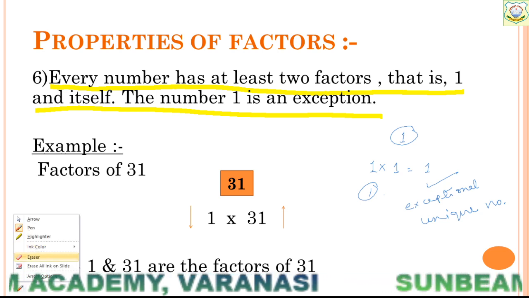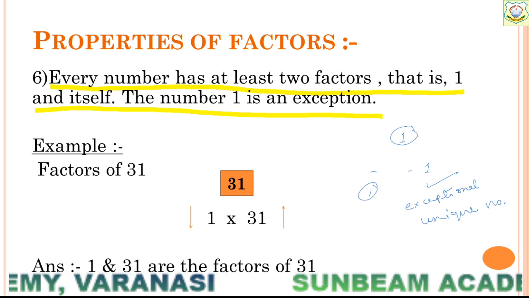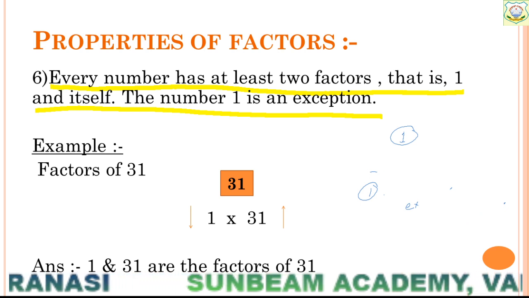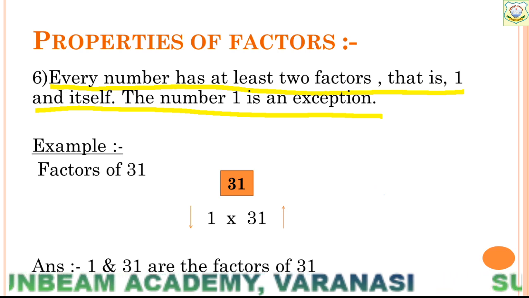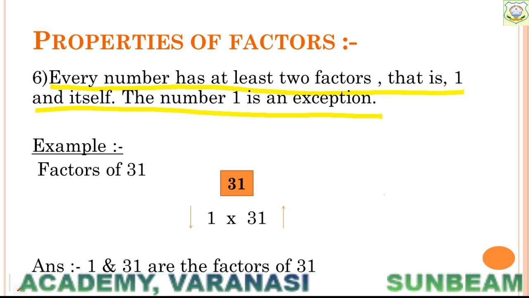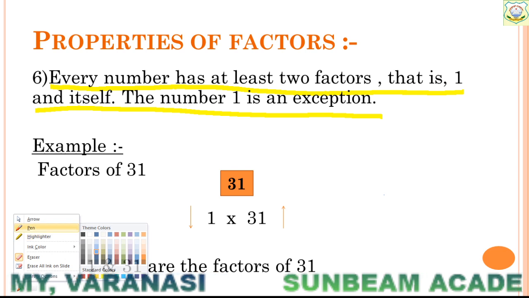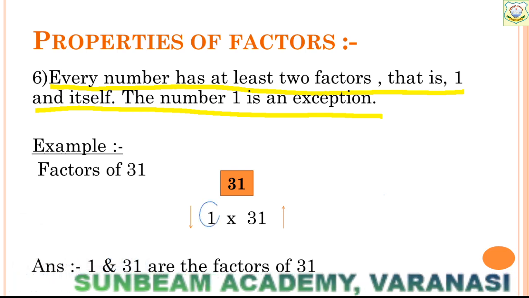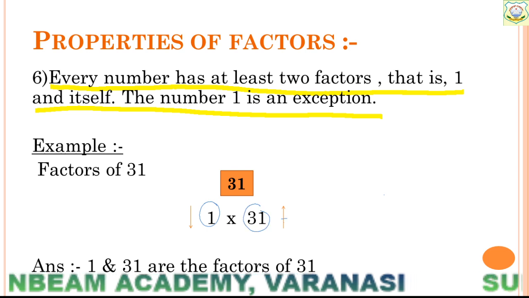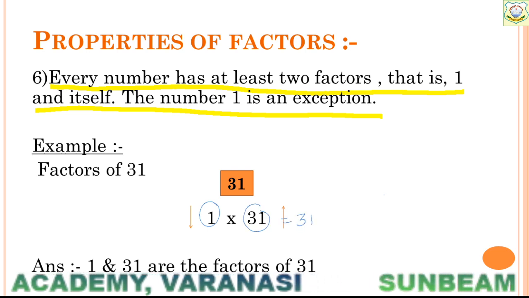So now let's discuss this point again. 1 is an exceptional. I have already discussed this now. So now the factors of 31, 1 and 31. There are 2 factors of a number 31.